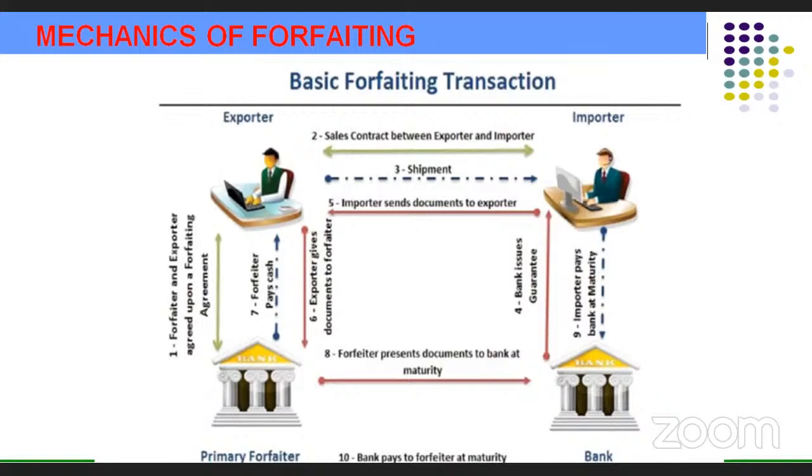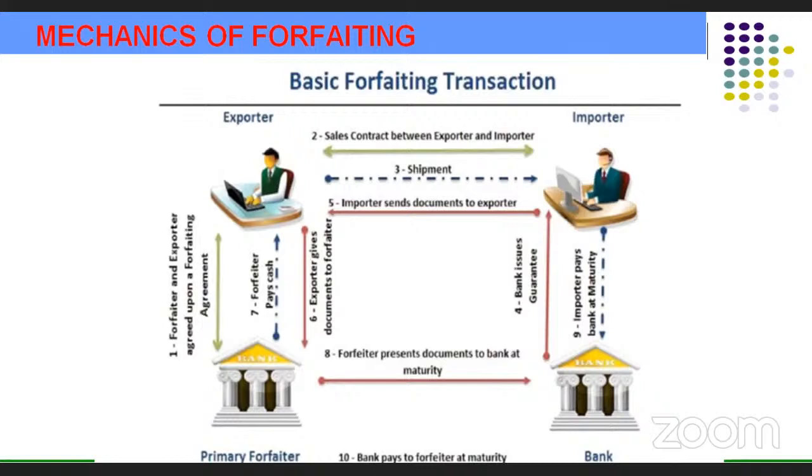The other cost, such as export credit insurance, is not incurred if the exporter decides to go for forfeiting, and forfeiting is used for medium and long term credit extended by the exporter to the importer.